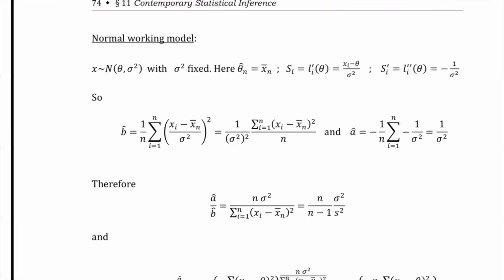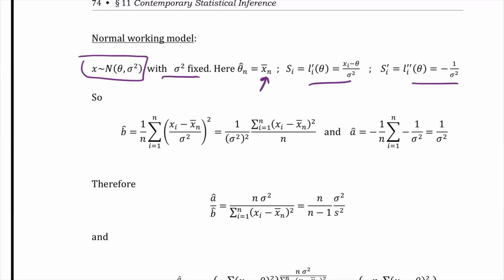All right, let's do it with the normal working model. So the x's are normal theta, sigma squared. The variance is fixed. The MLE is our usual mean. This is our score function, and this is our second derivative.